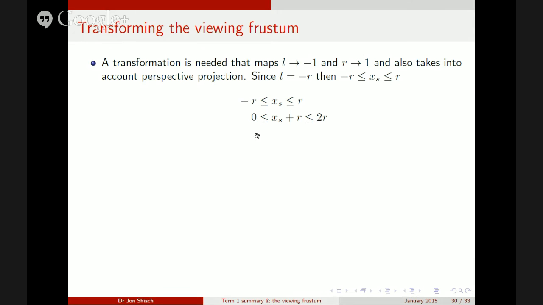So -R add R is 0, XS add R is XS plus R, and R plus R is 2R. Divide throughout by 2R. If we divide the middle bit by 2R, we get XS over 2R plus 1 over 2. And of course, we now have our 1 on the right-hand side. We somehow need to get it so this is -1 on the left.